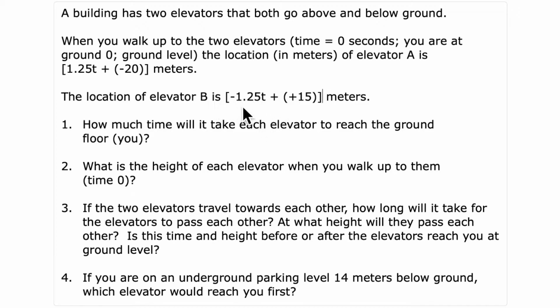So height is equal to this expression for elevator B, and in elevator A, height is equal to this expression. And so these are written in terms of time. So now in this case, time would be graphed on the horizontal axis, and height would be on the vertical axis. This is much easier for me to explain as we look at the graphs. So we'll get there.